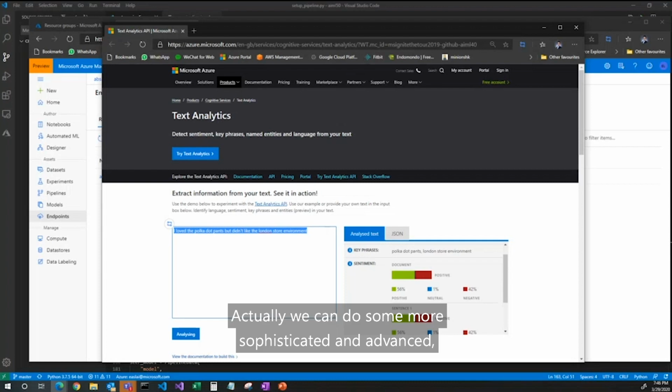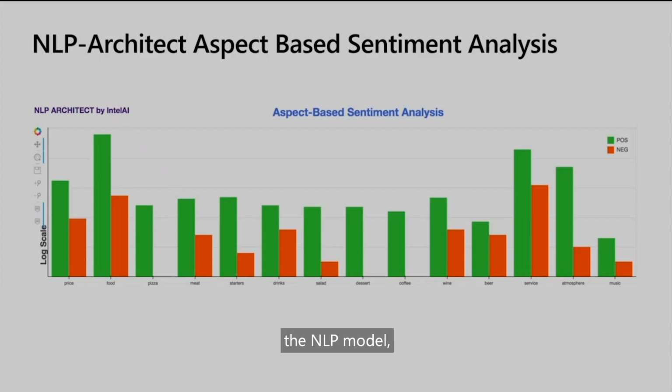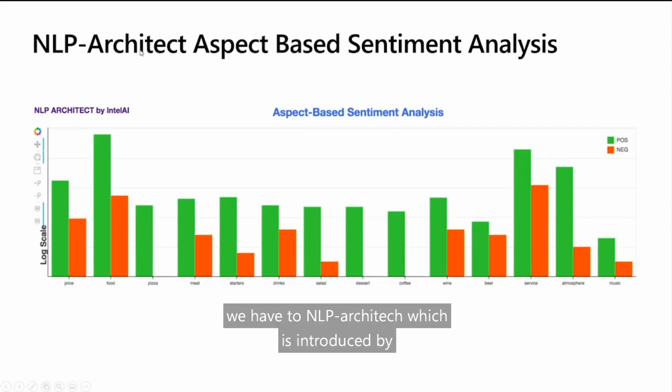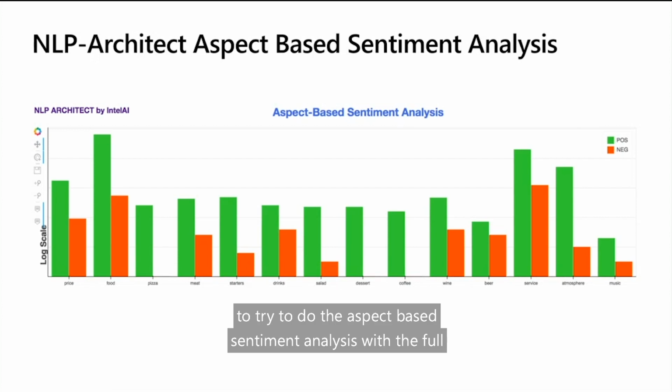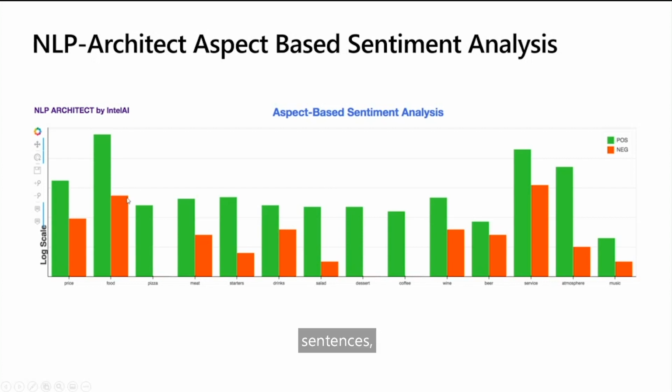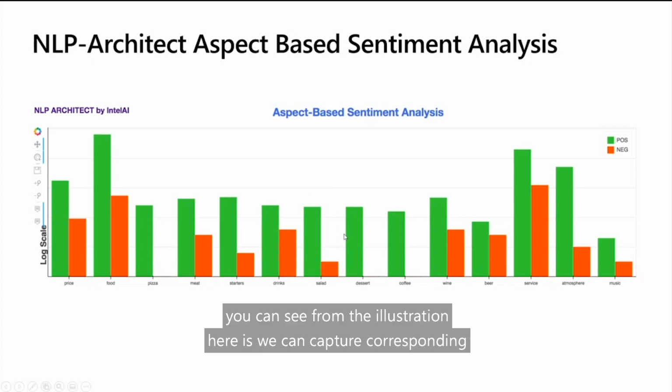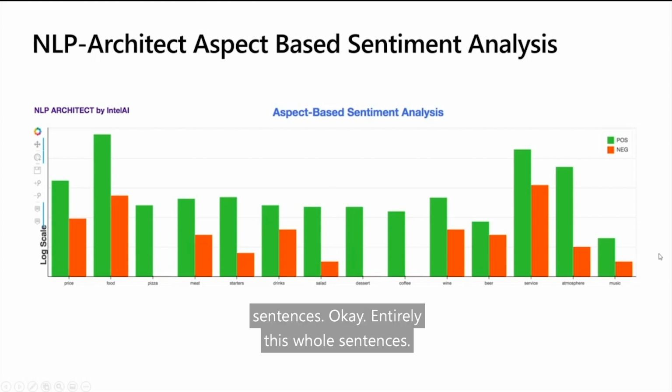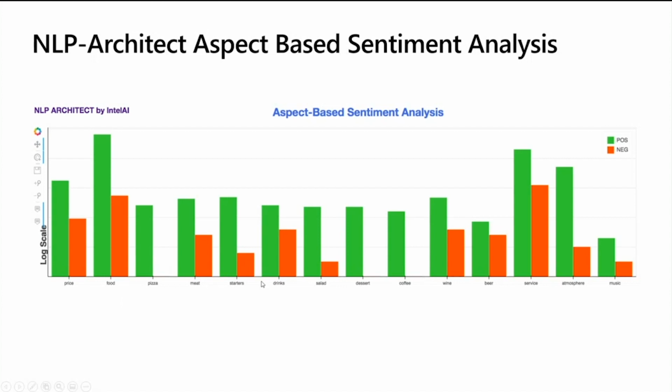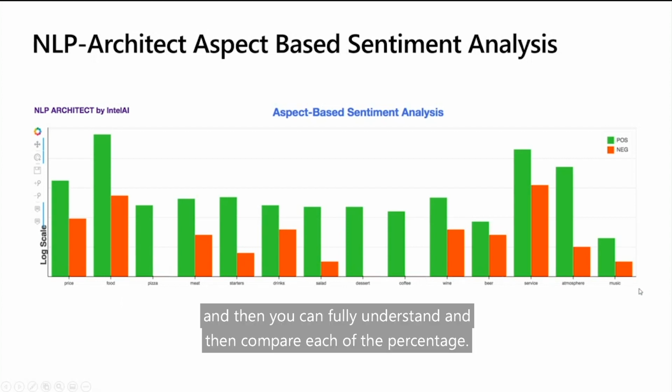Actually, we can do some more sophisticated and advanced NLP model with the NLP Architect, which is introduced by Intel AI, to do the aspect-based sentiment analysis. With the full sentences, as you can see from the illustration here, we can capture the corresponding sentences, this is a whole sentence. You can try to capture each of the wordings, the statements, and then you can fully understand and compare each percentage.